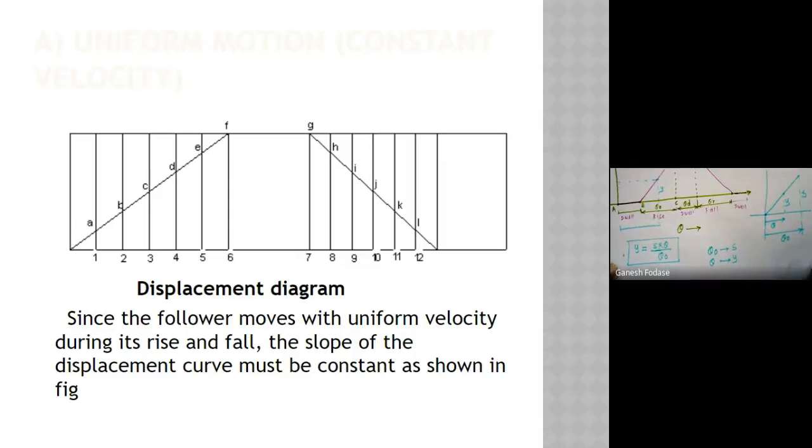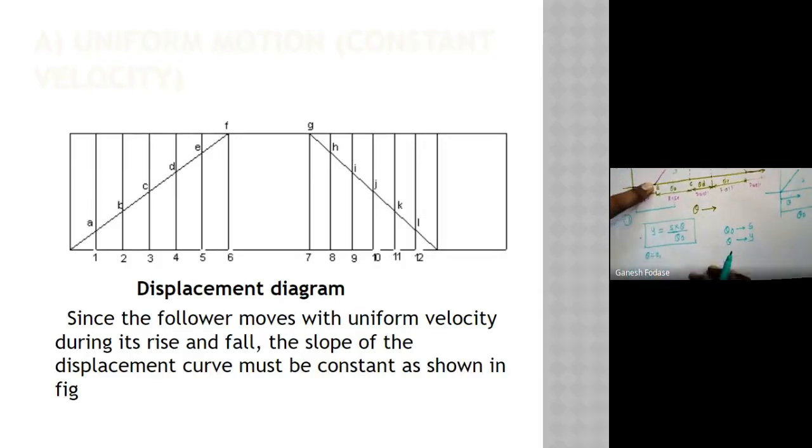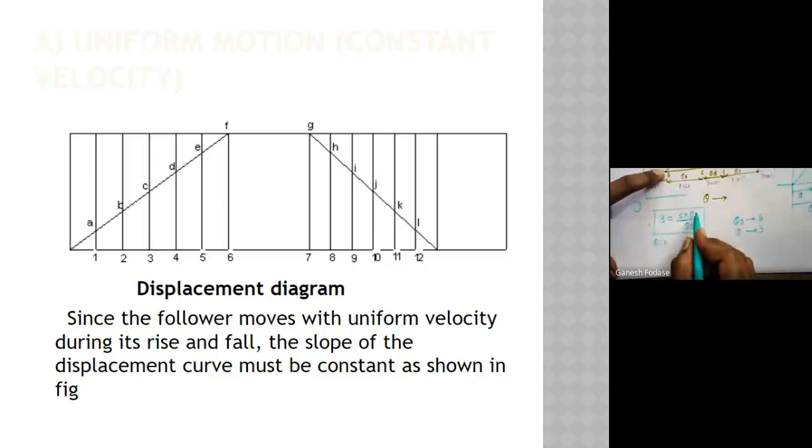So you can check now at theta is equal to 0. If I put theta is equal to 0, we can find out displacement at different places. First one is finding the displacement equation. So at theta is equal to 0, y is equal to 0.